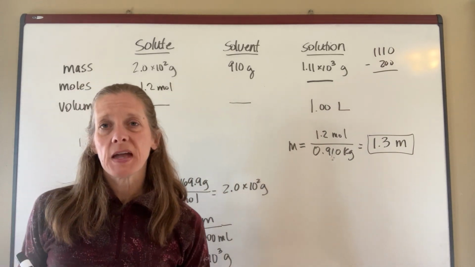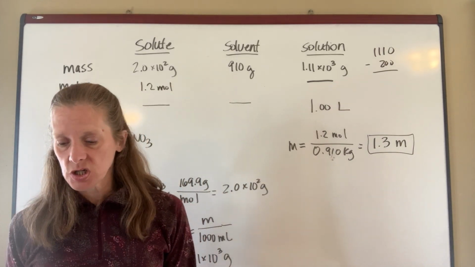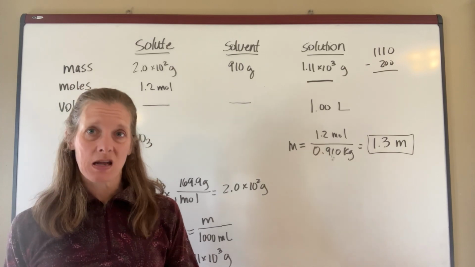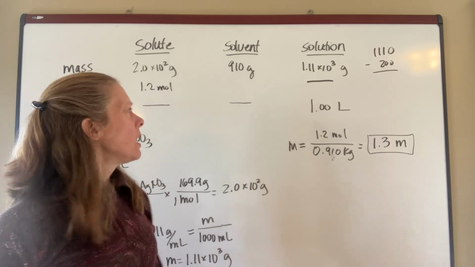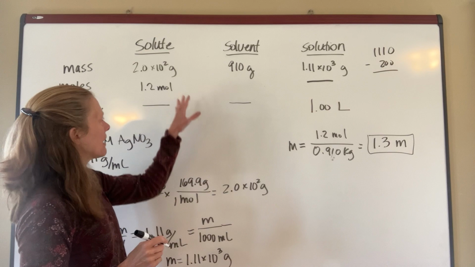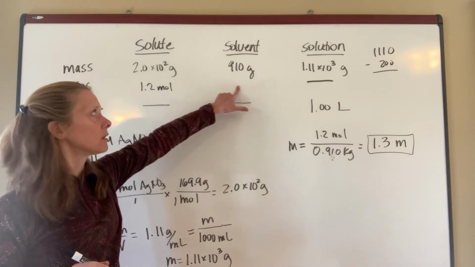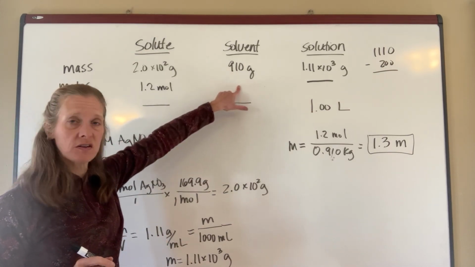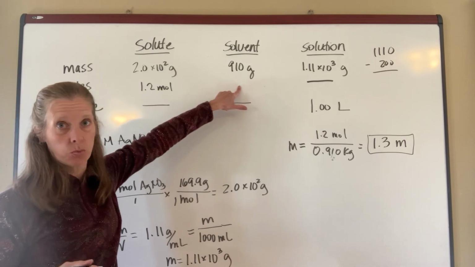The other thing that they asked me for is the mole fraction of both the solute and the solvent. For mole fraction, I need the number of moles. If I know the mass, finding the number of moles isn't difficult because it's water.